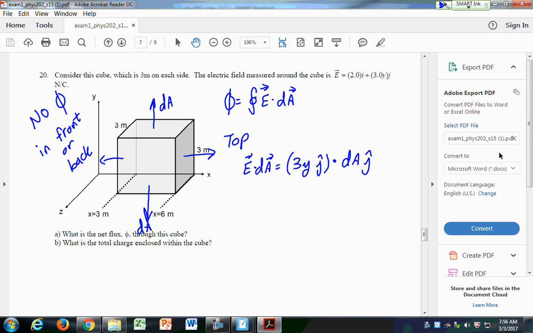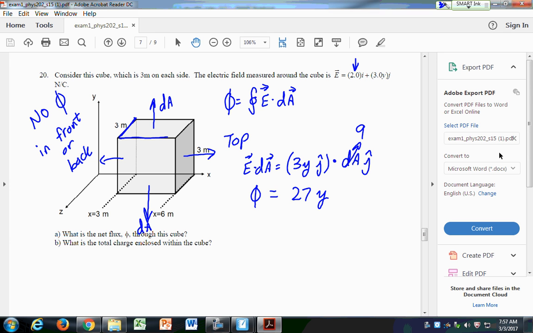If you want to write it out, that's okay, but I'm going to leave it off here. And so the area here is 3 times 3, so the area vector has a magnitude of 9. And that gives me 27y. That is the flux for the top.